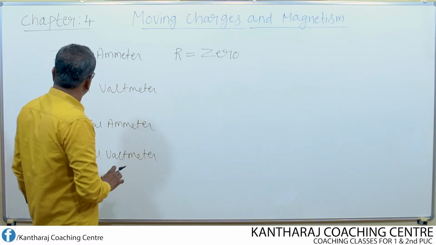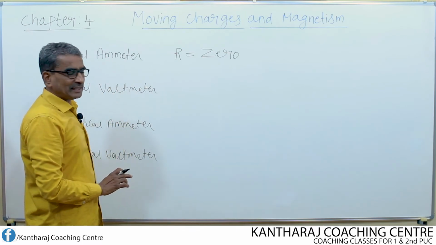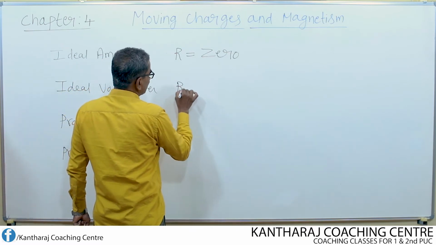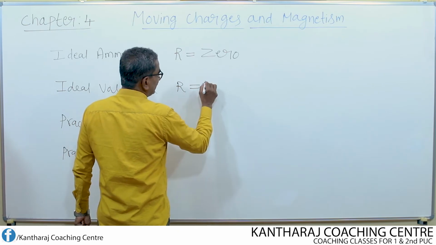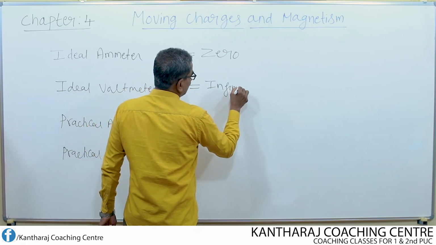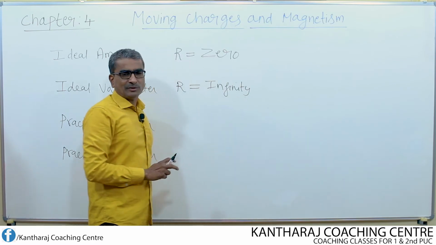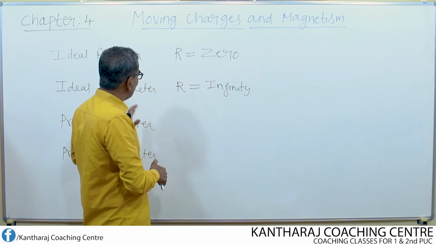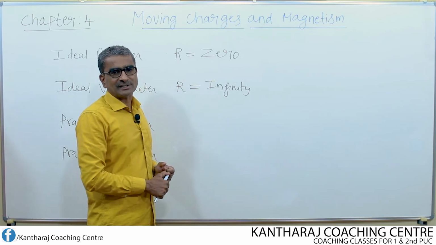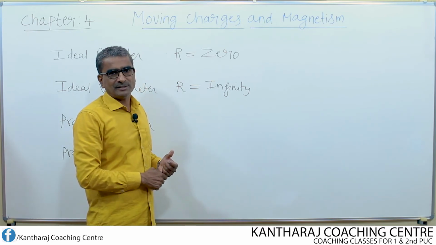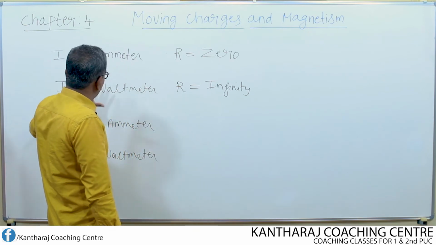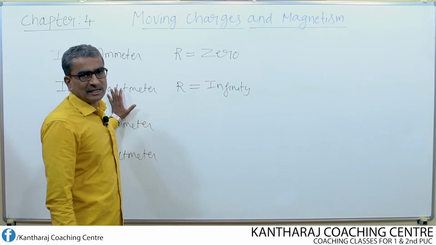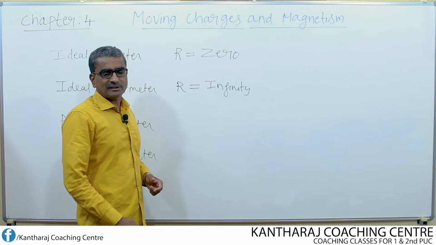Similarly, an ideal voltmeter is one whose resistance is equal to infinity. Is it possible to design an ammeter having 0 resistance and a voltmeter having infinite resistance? Which is not possible. So ideal ammeters and voltmeters cannot be designed or constructed with these resistances.